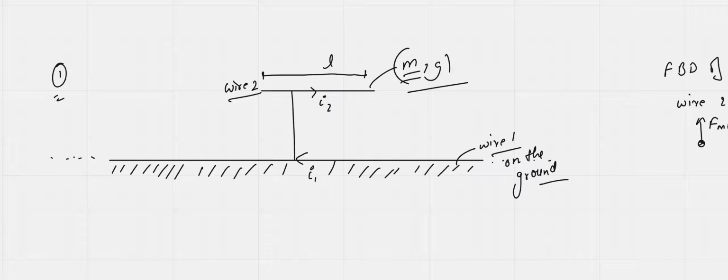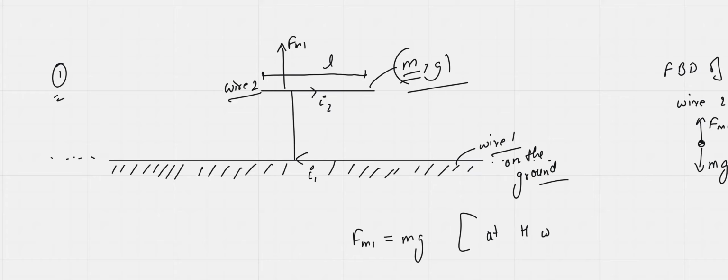So the force is upward, Fm1. Is there any other force? Yes, there is gravity, mg downward. Anything else is zero. If it is balanced, then Fm1 should be equal to mg at balanced h.